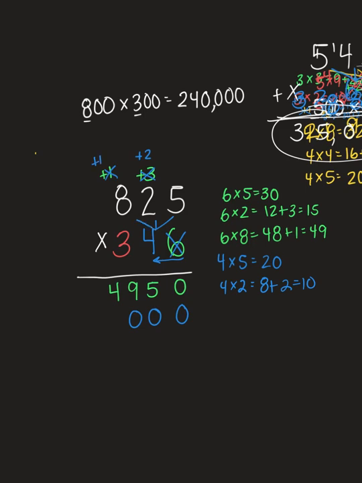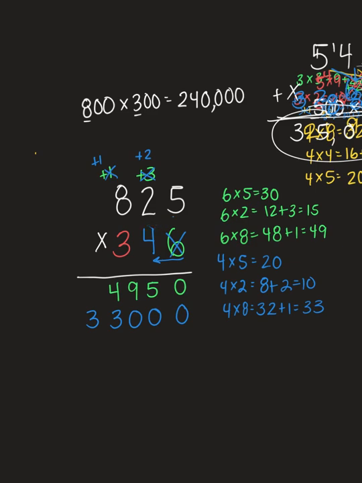Then I'm going to multiply 4 times 8. That's going to give me 32, plus the 1 I carried is going to give me 33. I don't have any more numbers to multiply by, so I can just write 33. So our second row is 33,000. I am going to try and erase my lines.